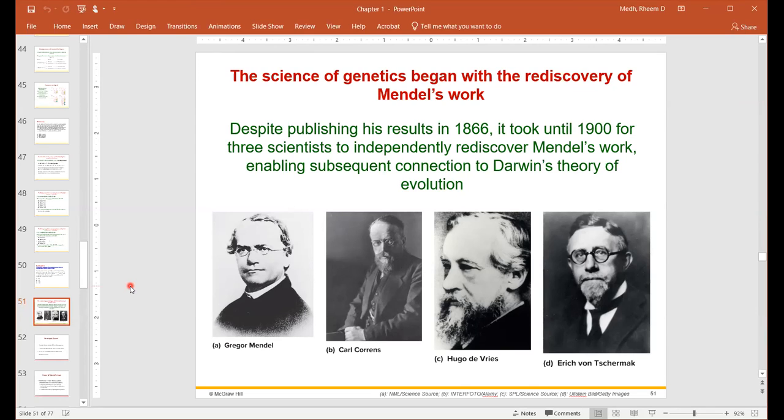And it took until 1900 for 3 scientists to independently work on their own on these crosses and validate Mendel's work. And therefore, eventually, he got credit for all the work that he had done.